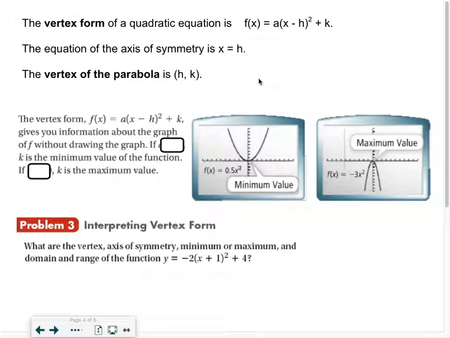Again, it kind of looks like what we did with absolute values in chapter 2. Your blanks: A is bigger than 0, A is less than 0.